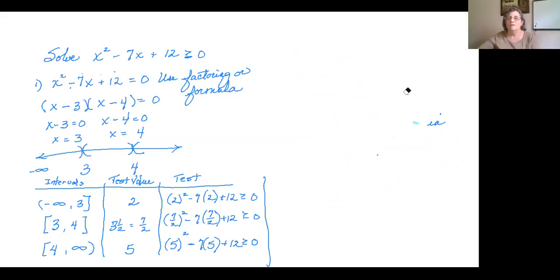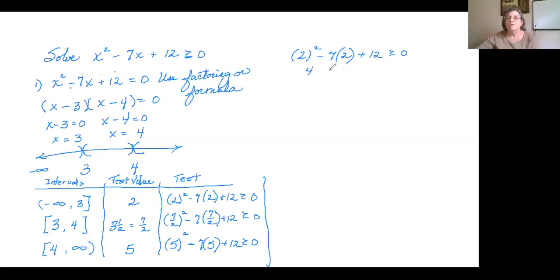So you can see how I'm plugging them in. Okay, so this one, 2 squared minus 7 times 2 plus 12 is greater than or equal to 0.